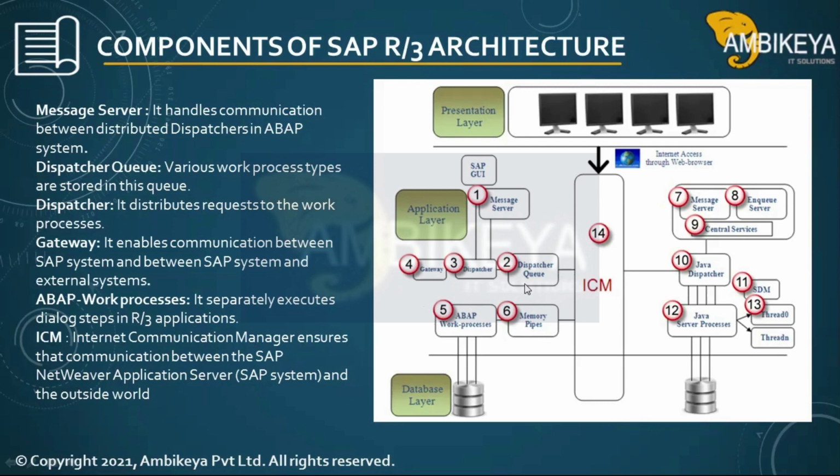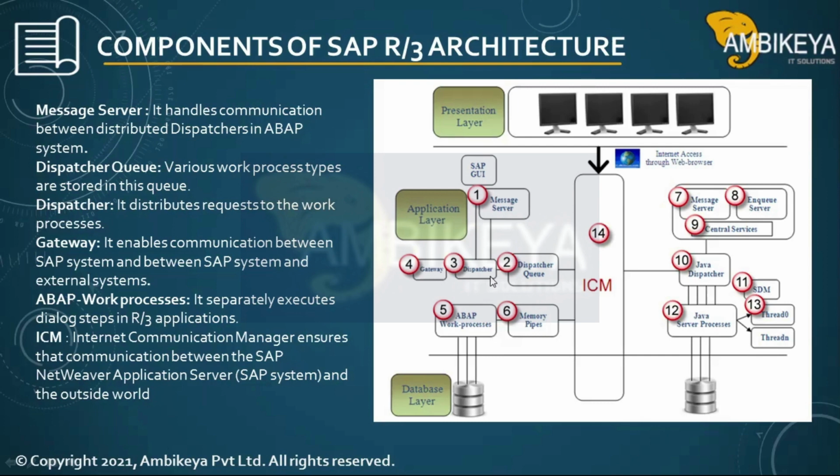This is mostly related to Basis, because they need it for installing any system. We need to do the sizing. In sizing, we decide how many users are going to use the system. As per that, they decide the database memory, the RAM, and how many work processes are needed. If only 5 to 10 users are needed, then why would we need a database of 2 GB? It's not needed.